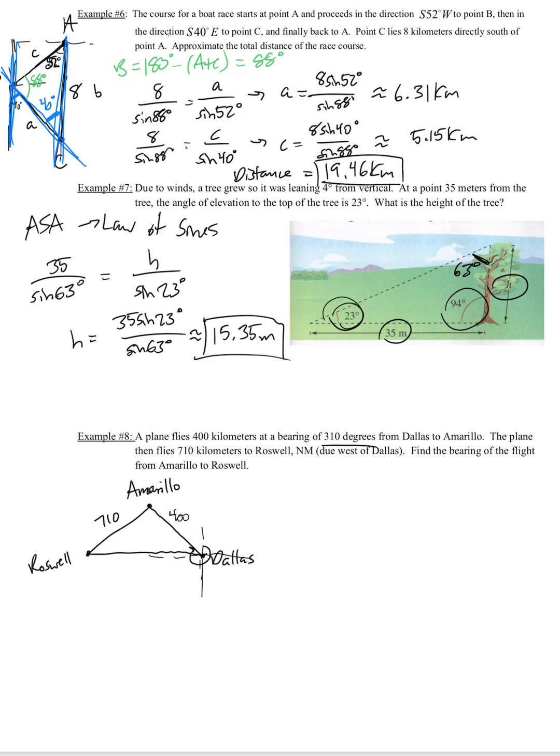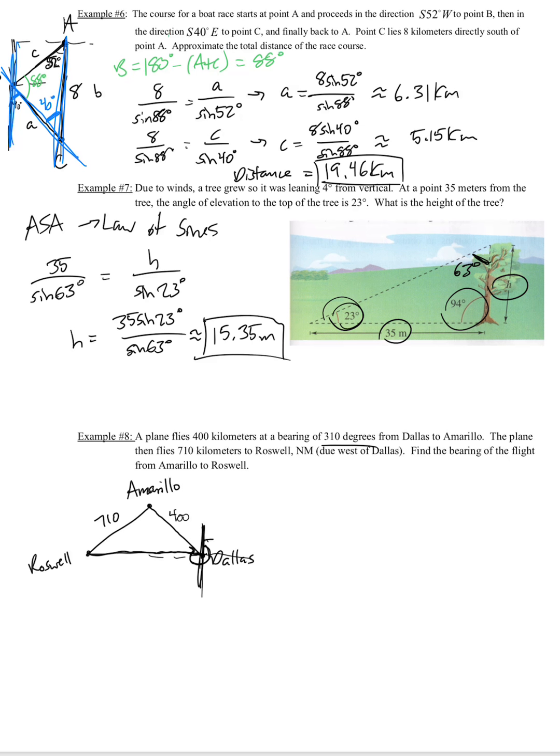I have 2 sides and I need some angles here. Luckily, we have a way to figure those out. So let's start. I know that I was starting due north and then I rotated 310 degrees. This was due west of Dallas.